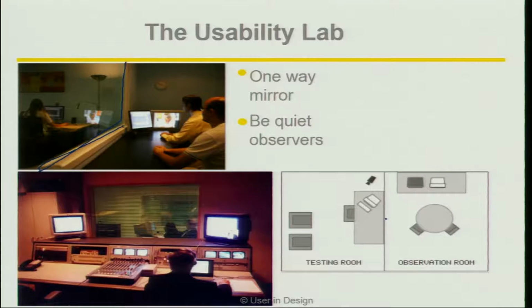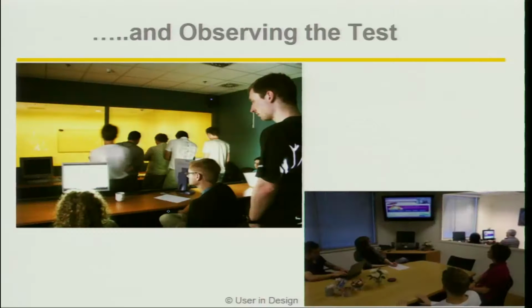This is another picture of the same thing. You can see there's a lot of recording equipment over here, and the testing is going on in the other side. So this is a usability lab. And remember, I was telling you about a large design team. This is an example of a very large design team that is observing the test.